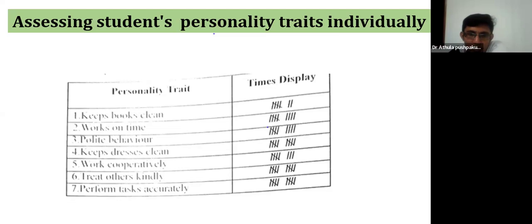Polite behavioral level. Keep desk clean or not? Work cooperatively or not? Kindly. And do they normally perform their tasks accurately or not? Out of 10, we allocate some marks, right? We can assess student personality traits individually, very clearly mentioned, but individually like this.